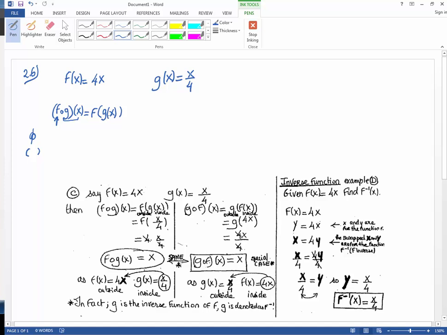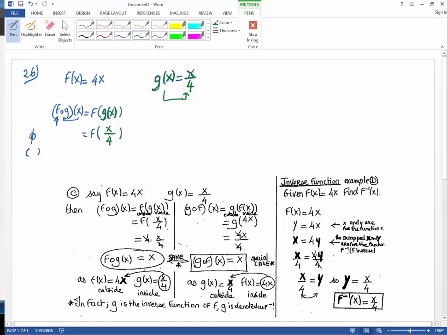So f composed with g of x or fog of x is f evaluated at g of x. Now, what is g of x replaceable by, which I'm going to place right here? g of x is given to be by definition x over 4. So instead of g of x in the parentheses, I'm going to put x over 4.